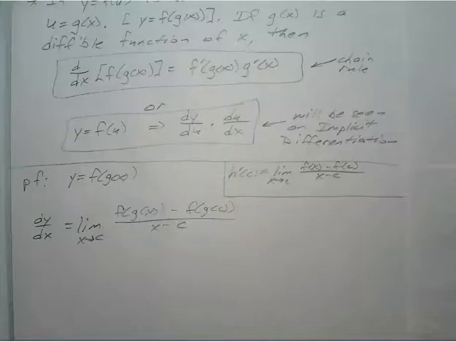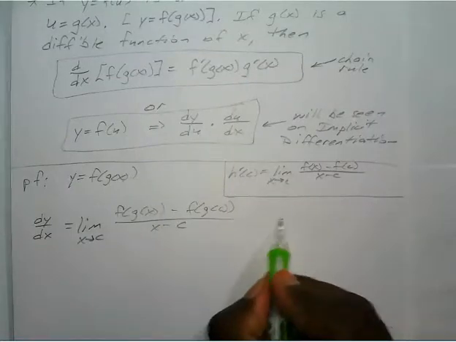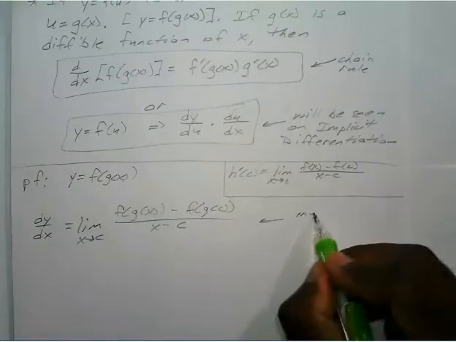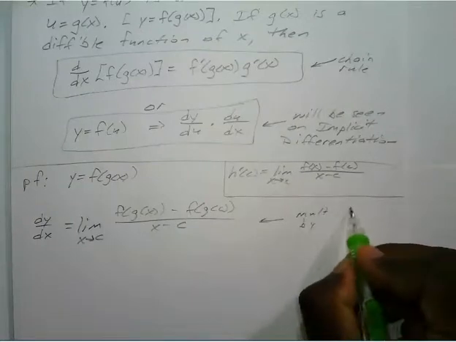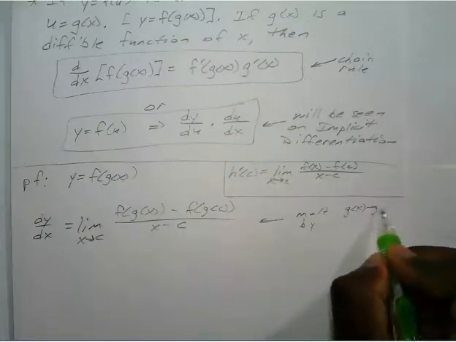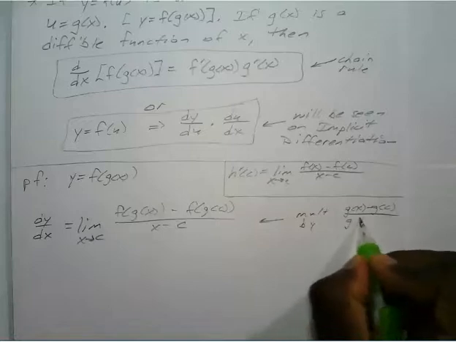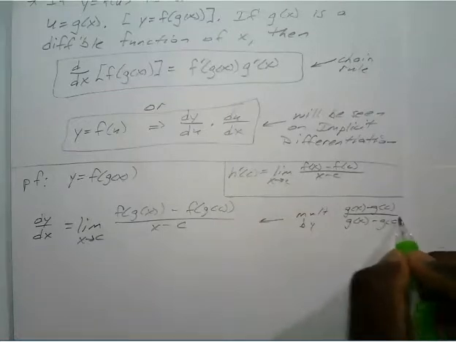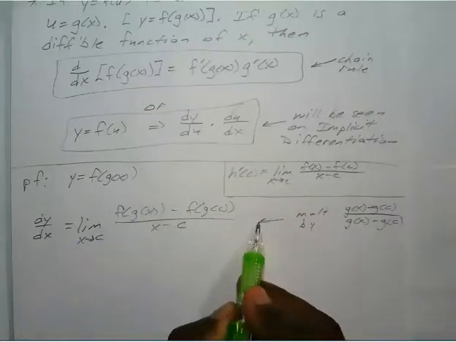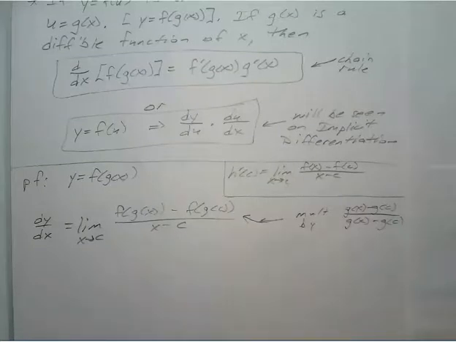Okay. Now what we're going to do with this is multiply it by g of x minus g of c over g of x minus g of c. At least in the numerator, that's what we're going to do.